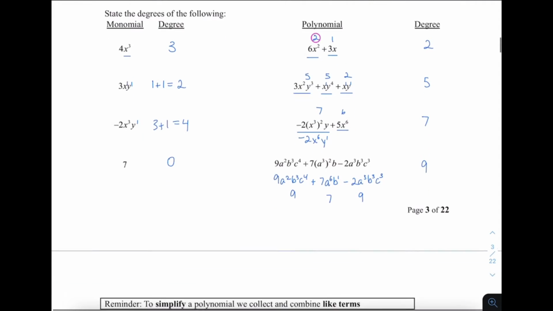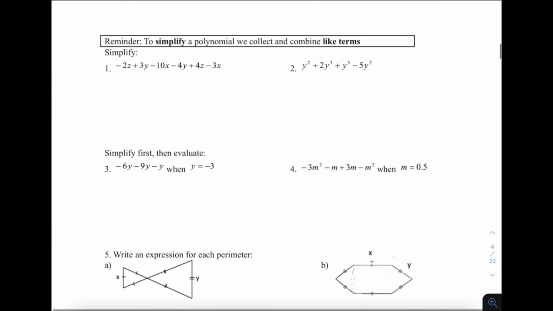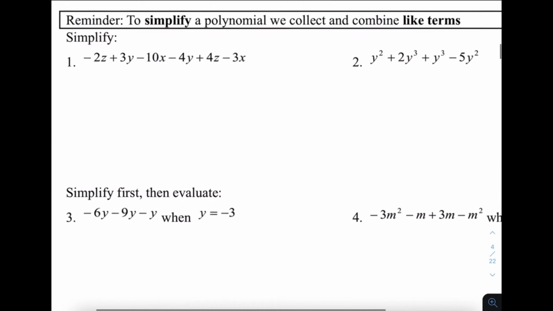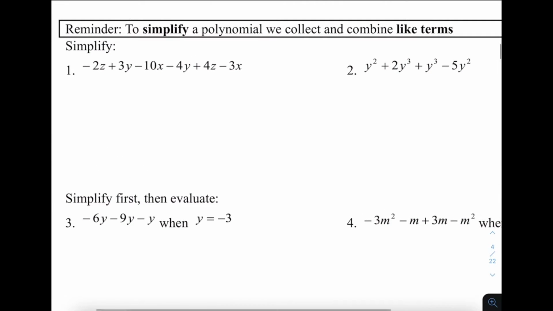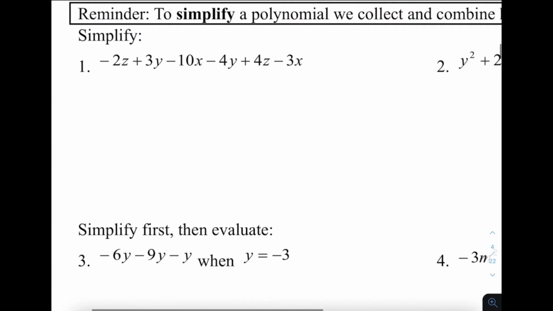All right, so next what we're going to do is just a quick reminder on how to simplify a polynomial. So basically, to simplify, we identify, collect and combine like terms. So we said like terms were exactly the same variables raised to exactly the same exponents. So I'm going to do an extra line here. You don't have to do this line in your work, but what I like to do is write a line that places my like variables next to each other.